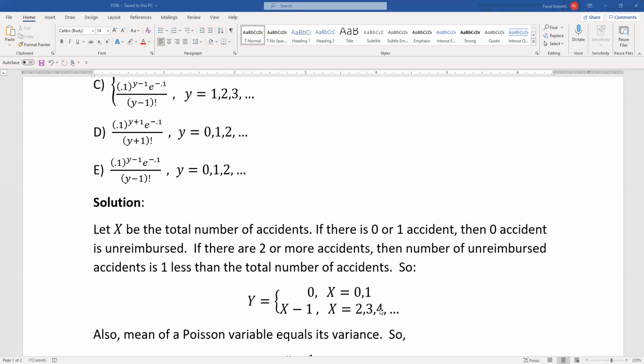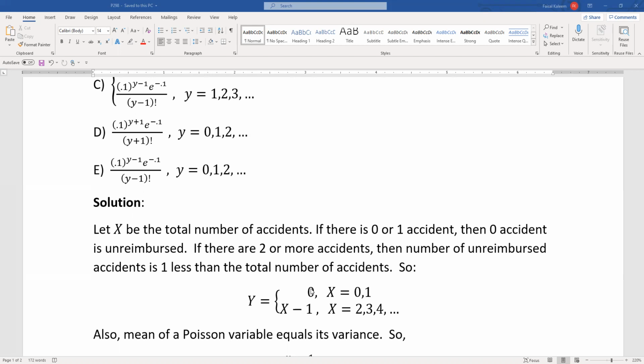Similarly, with 4 accidents, 3 are not reimbursed and only 1 is reimbursed, so 4 minus 1. In general, if the total number of accidents is X, then the unreimbursed accidents will be X minus 1 when X is 2, 3, 4, and so on. For X equal to 0 and 1, we've already seen that Y will be 0.